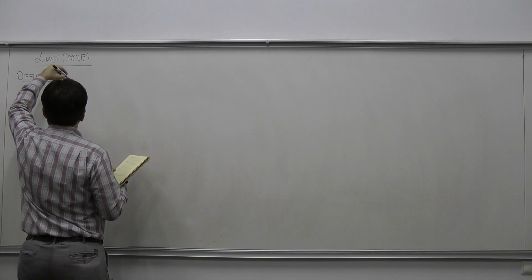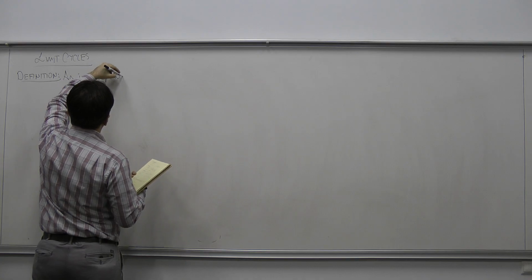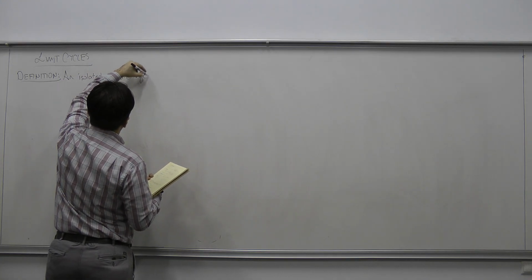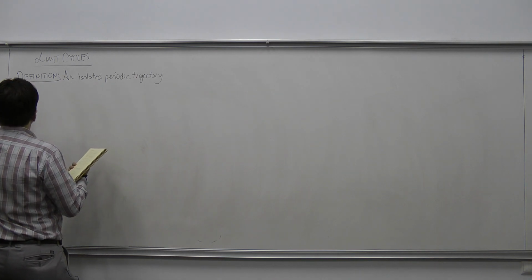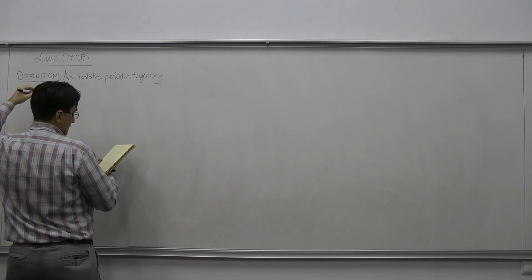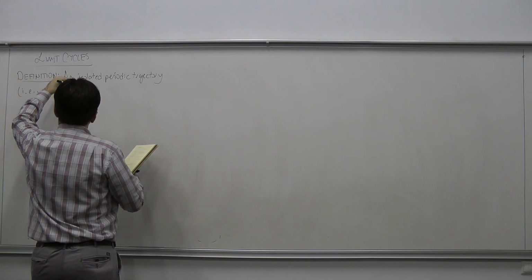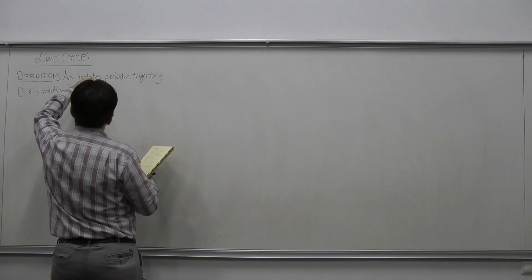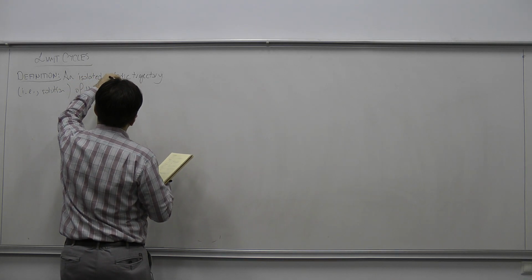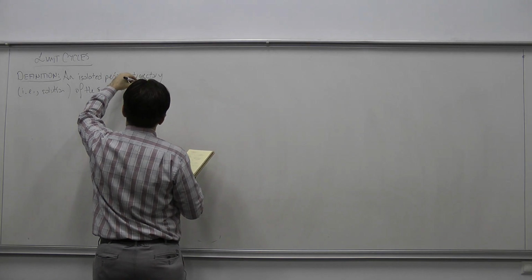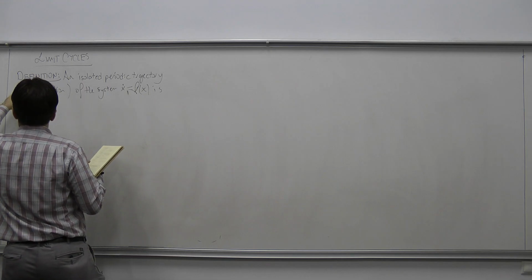An isolated periodic trajectory, in other words, solution of the system x dot equals f of x, is called a limit cycle.